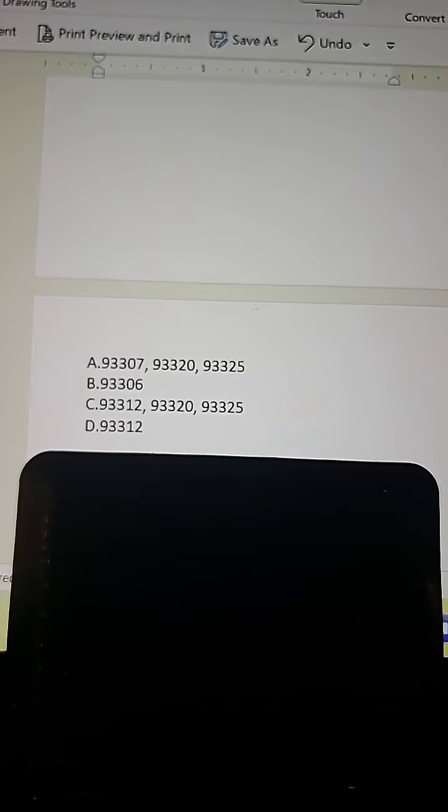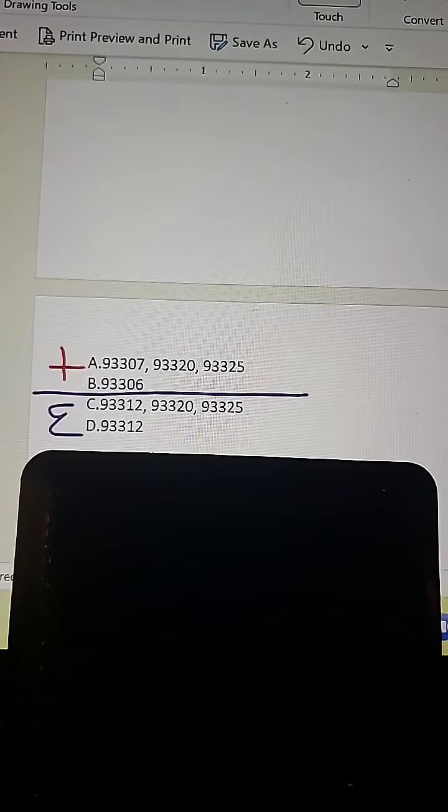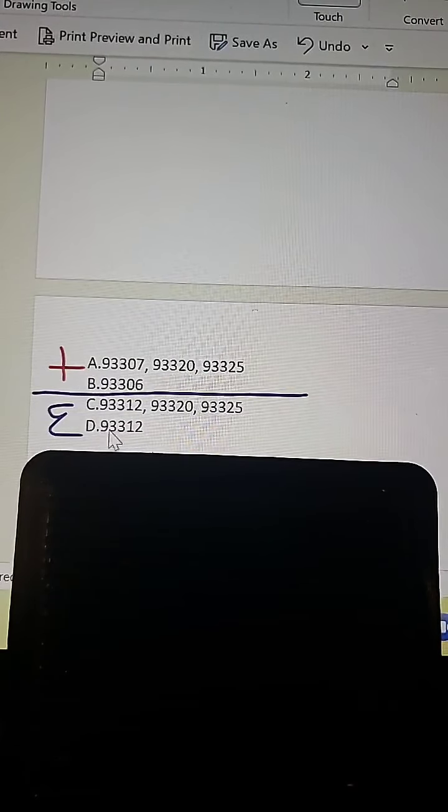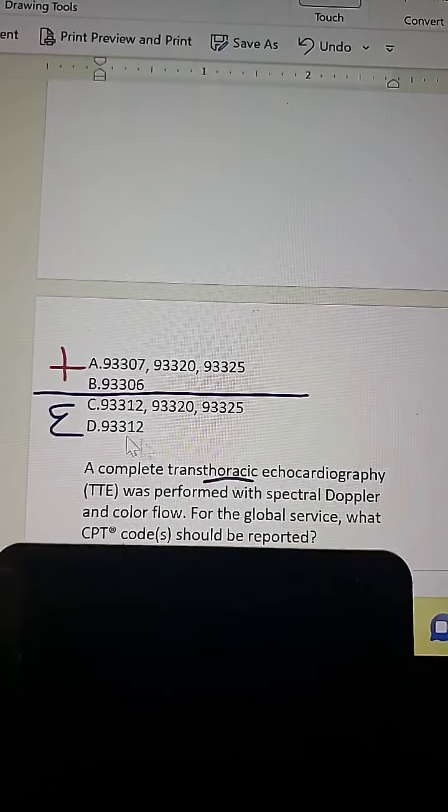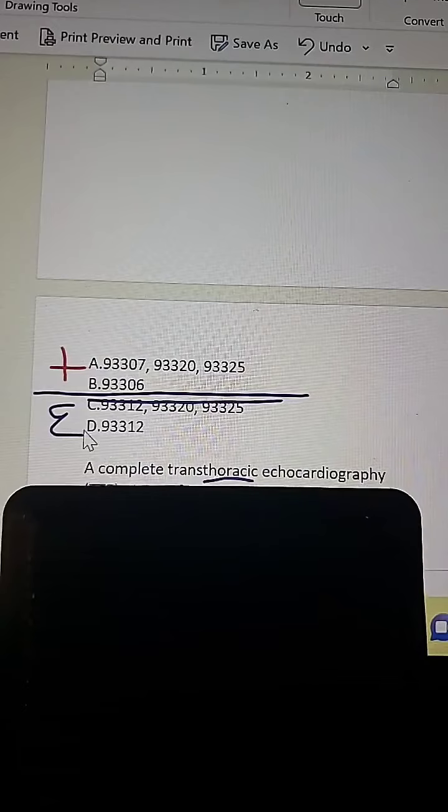So these two are the thoracics. And then this one is our esophageal. So they're divided up into two categories. So the first thing you got to figure out, am I thoracic or esophageal? So we're thoracic, so we can get rid of those two.